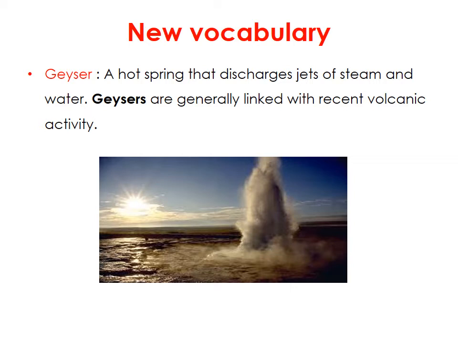Who knows what a volcano is? Yes. Geysers are usually found after volcanoes. Geysers are these hot springs, as you can see in the picture, and they discharge jets of steam and water. Okay, they are produced by the heating of underground waters that are very close to magma.